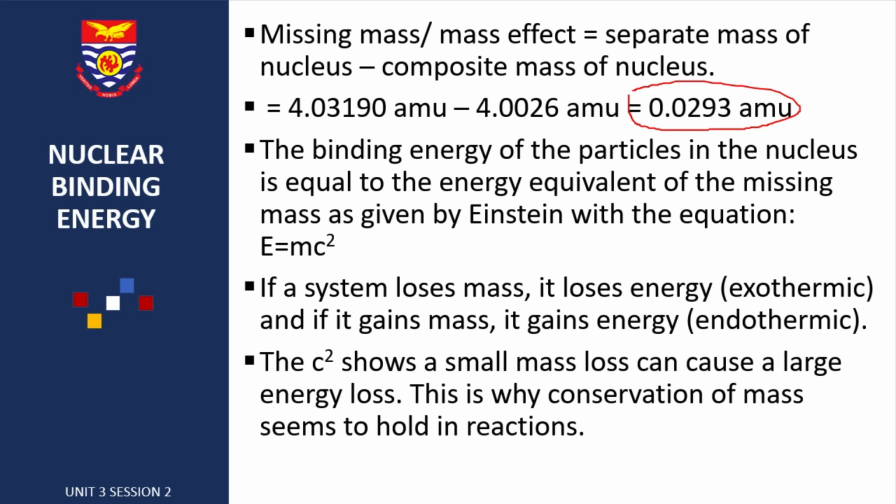And it's good we note also that because the speed of light is squared, even a small mass loss can cause a large change in energy. So a small mass is going to provide us a large change in energy. And that is why conservation of mass seems to hold in chemical and nuclear reactions.